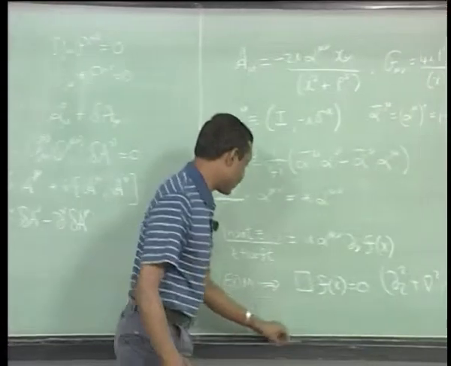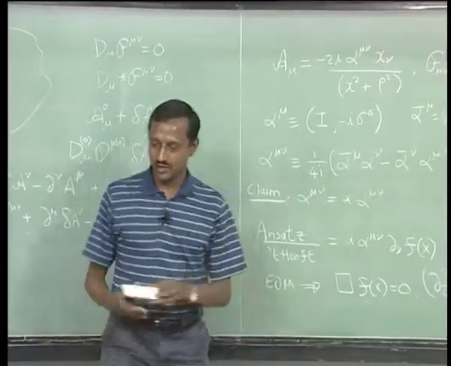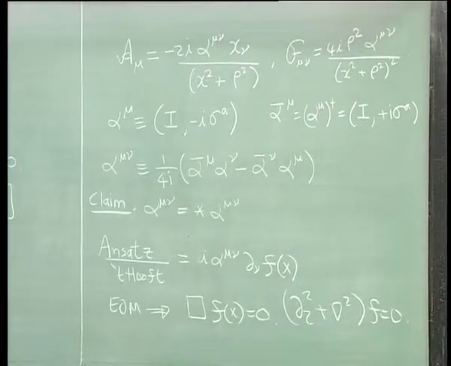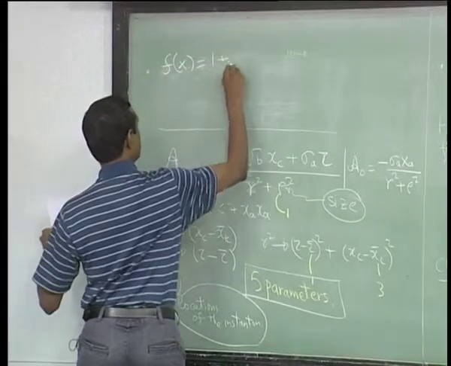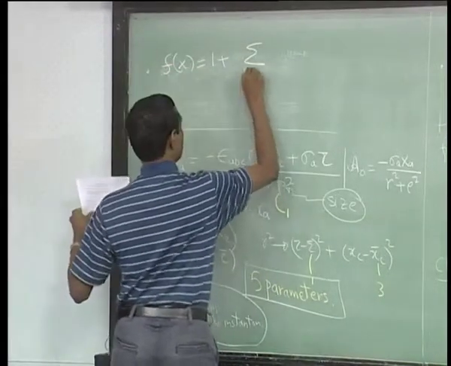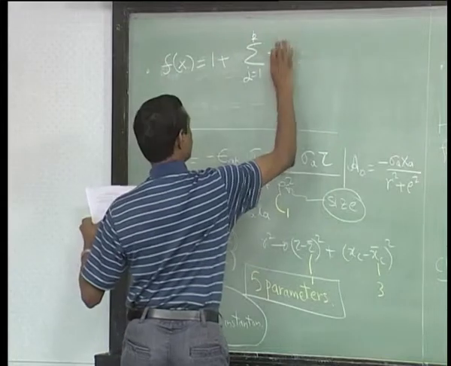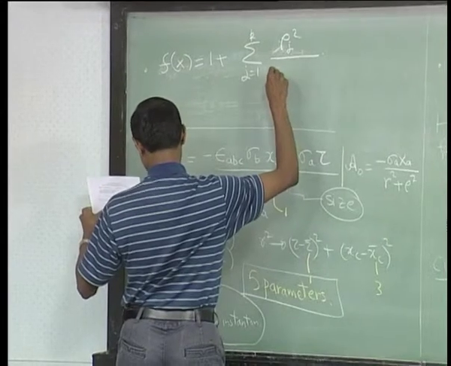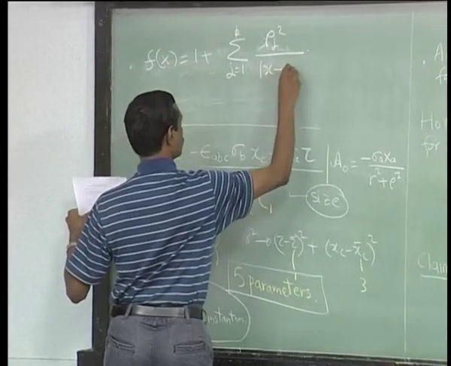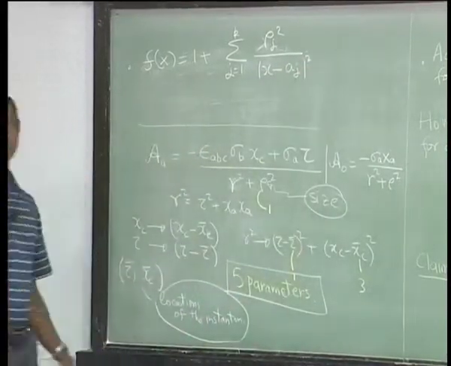Okay. And so now you can see that I can go ahead and just roughly add one-instanton solutions, and here is what one does. So we can choose f of x to be say 1 plus this sum.